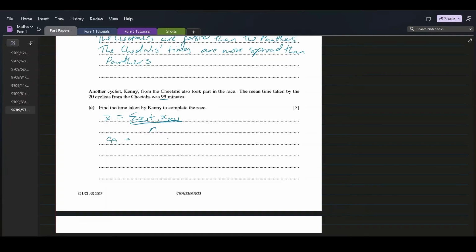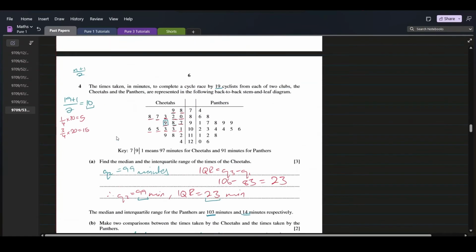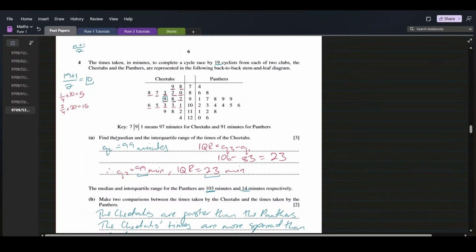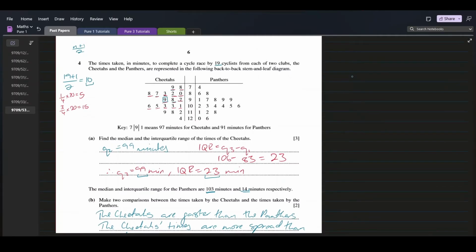And then the summation of x, we can evaluate that by adding all of these numbers over here. That's going to be very tedious. We are dealing with the Cheetahs, okay? So let's get our summation of x for the Cheetahs.